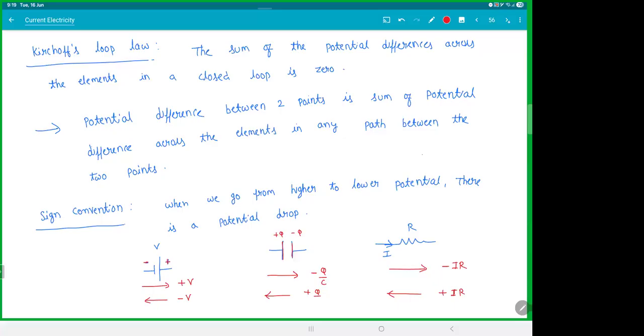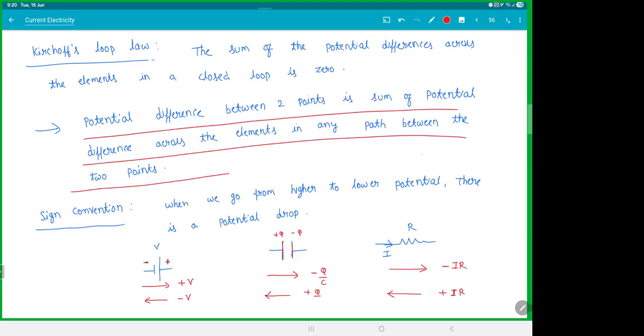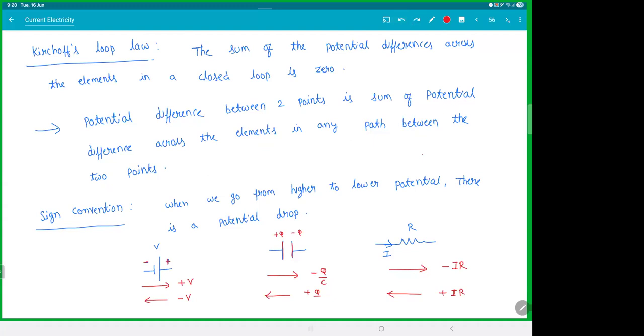Kirchhoff's voltage law, Kirchhoff's junction law. The potential difference between 2 points is the sum of potential differences across the elements in any path between the 2 points. This is the sign convention. If you go in the battery from negative to positive, sign convention is simple. If you go from plus to minus, potential will decrease. If you go from negative to plus, potential will increase.